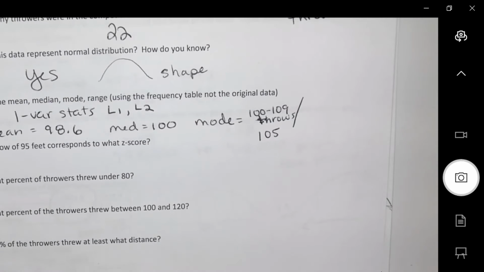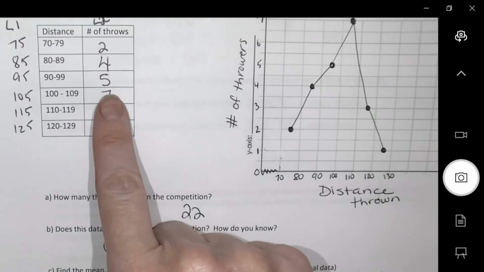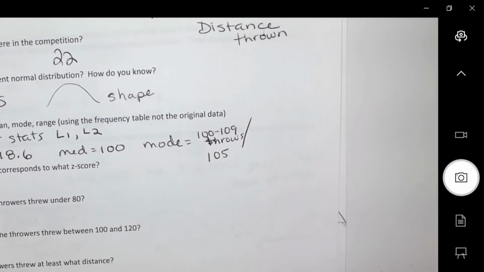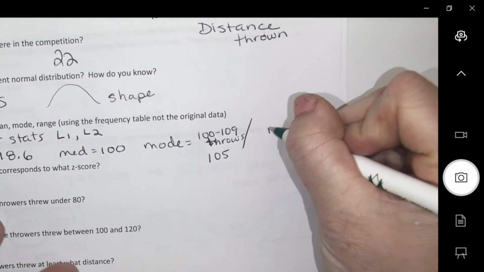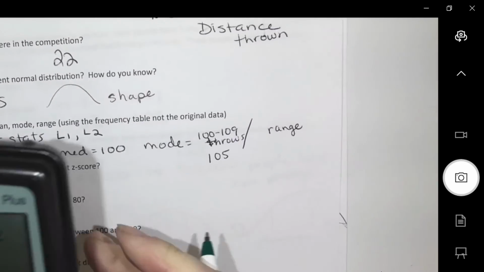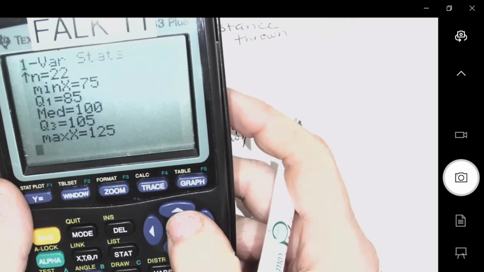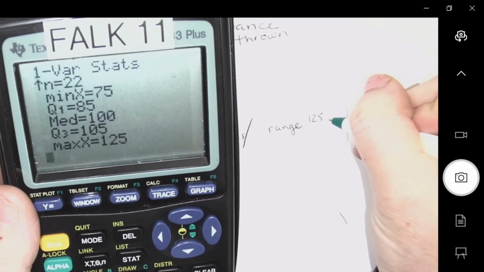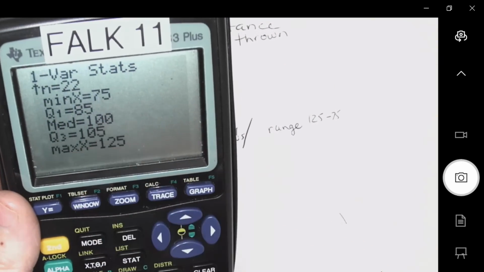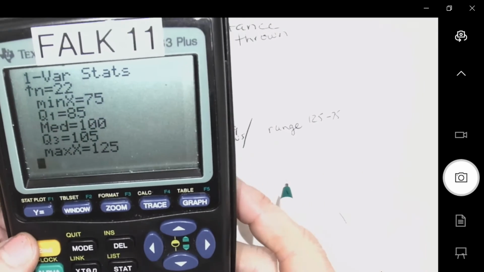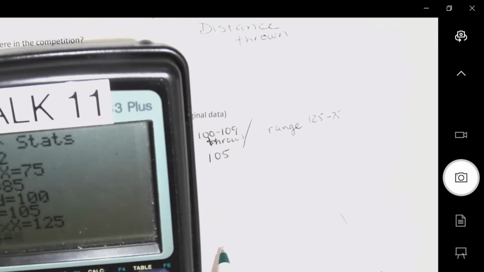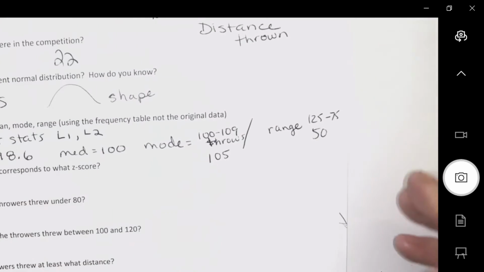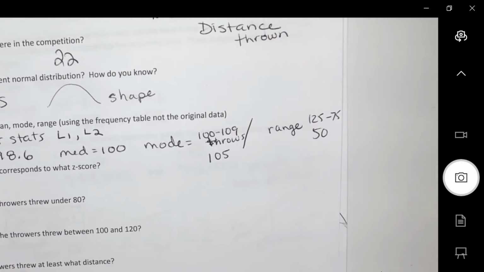Basically, just understanding you're taking the highest. And the range. So we can go on here, max 125 minus min 75. So that is 50.